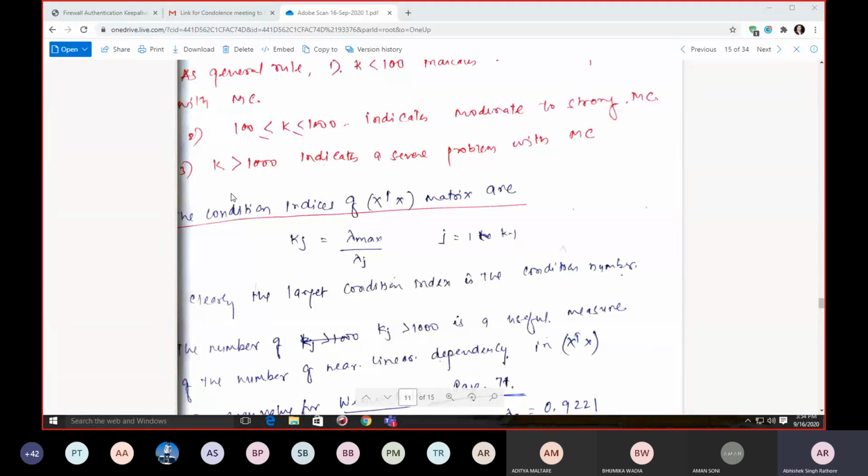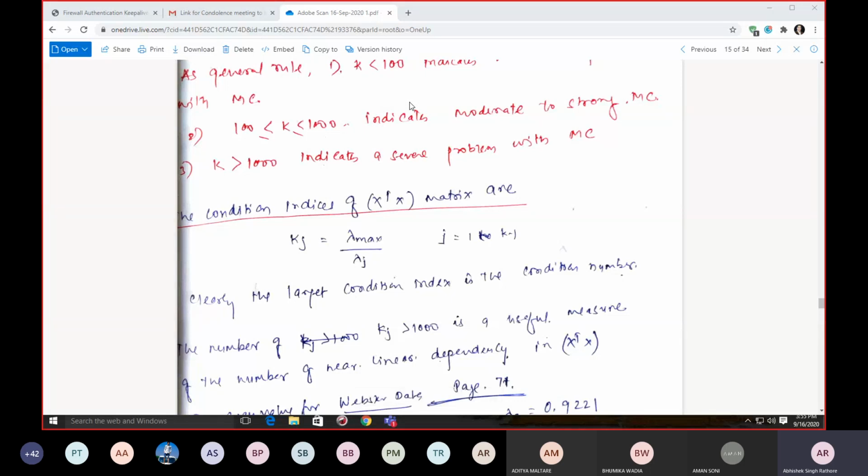Again, the condition for the condition indices is that for a particular value, let's say we consider this as kj, which is lambda max by lambda j. We are not considering the minimum value, because it might be a problem that you have a large variance between lambda max and lambda min.